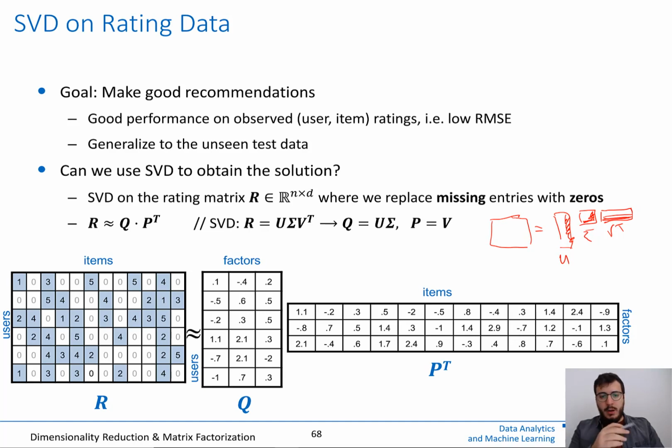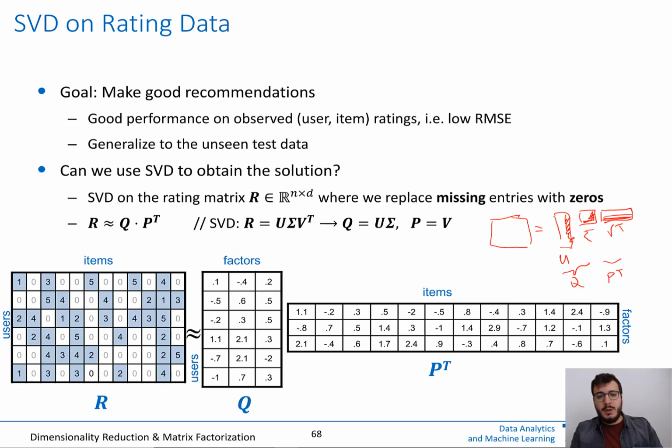Here we also do one additional piece of notation where we have taken U and sigma and collapsed them together into a single factor, which we call Q, and we've also simply renamed the V into P. So this is then P transposed.